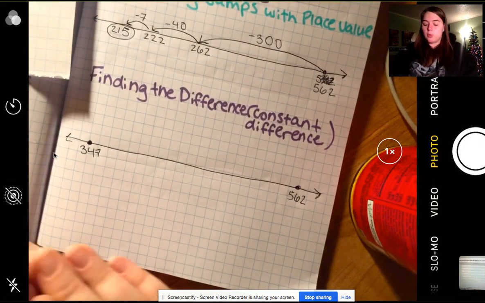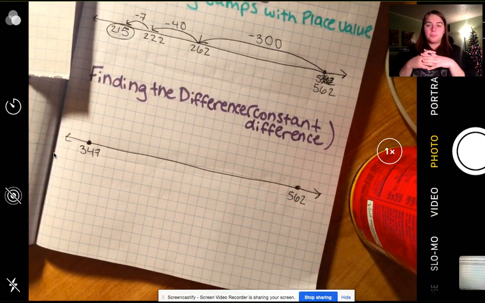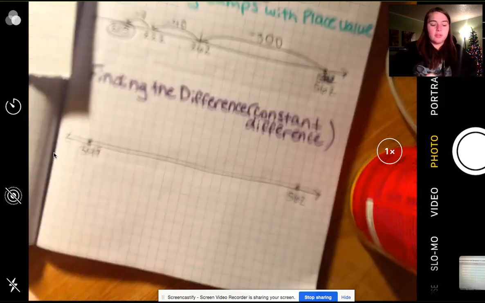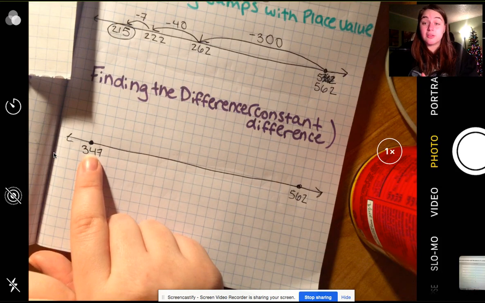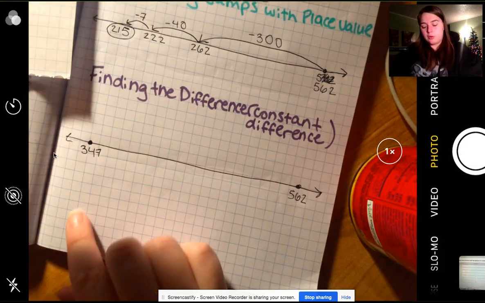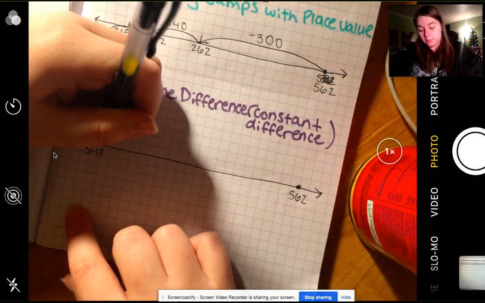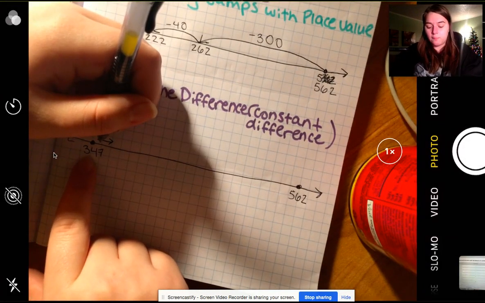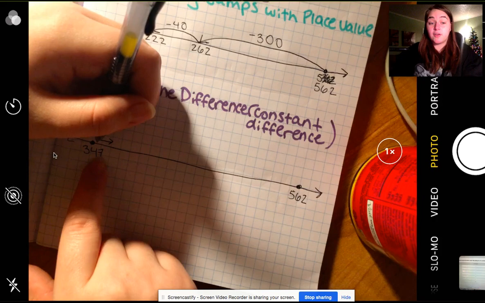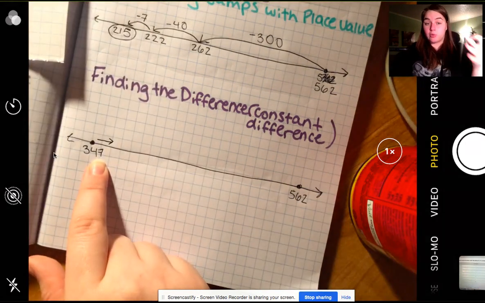So how can we make this a little bit easier to add? Well, let's think about how maybe we can round 347 to the nearest 10. So if we shifted that over a little bit and rounded it to the nearest 10, well, the number in the ones place is definitely 5 or above, so I would round up to 350.